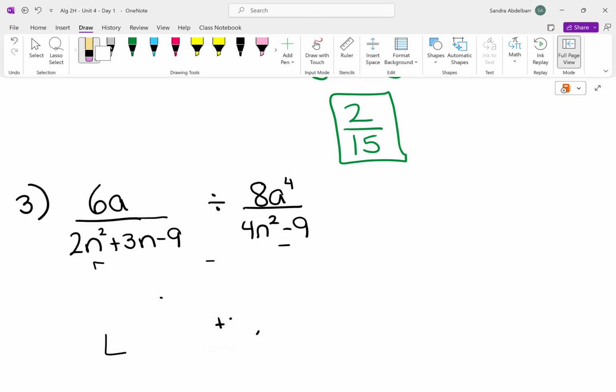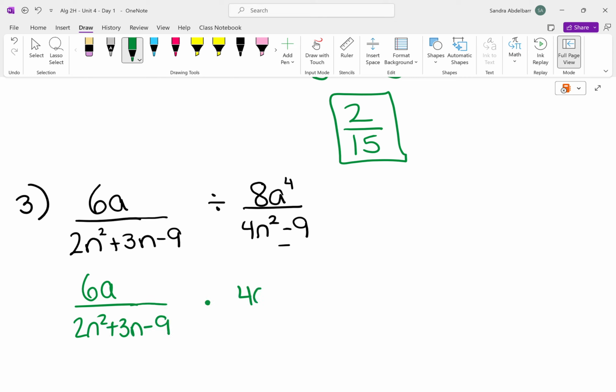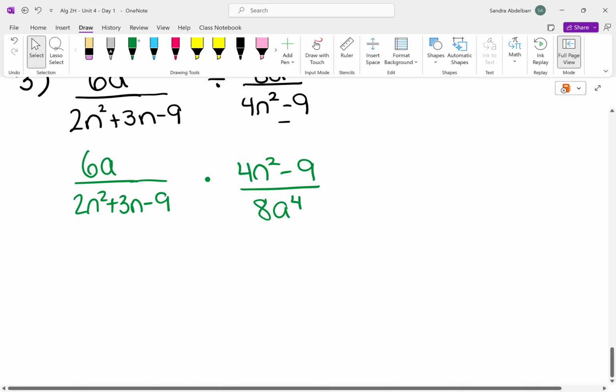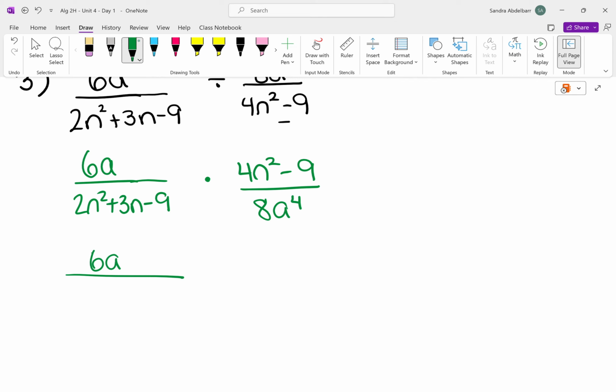All right, let's do this. Before we do the keep, well, does it really matter? You could have done the keep, change, flip first. If you did that first, you end up with this. Now I will go to factor.